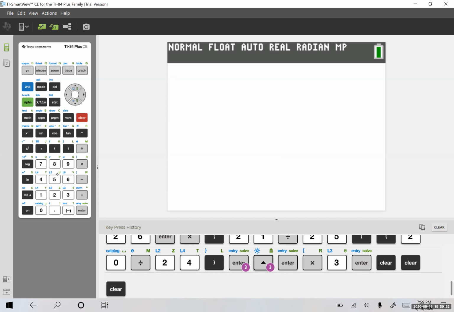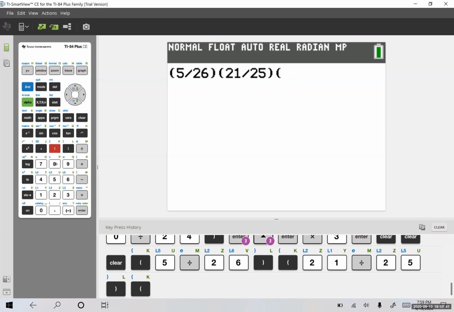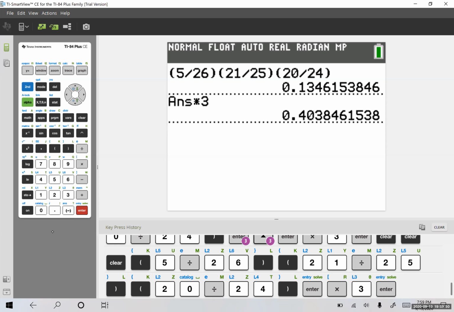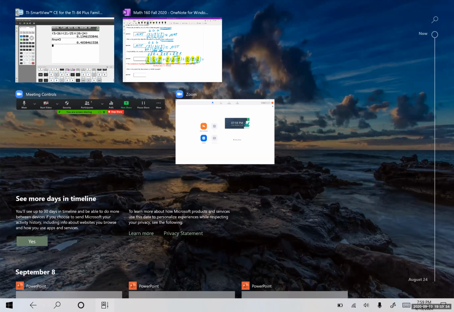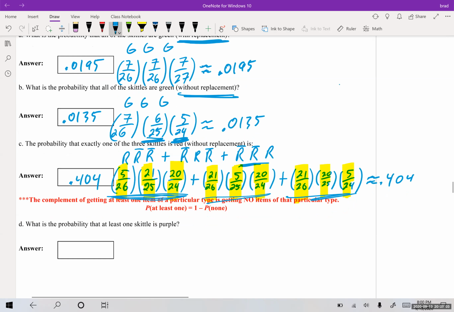Parentheses 5 divided by 26 times 21 divided by 25 times 20 divided by 24. Now I'm going to multiply this by 3 to account for all 3 events. There we go, 0.404. Let's round off to 3 decimal places once again. So this would be 0.404 rounded off.